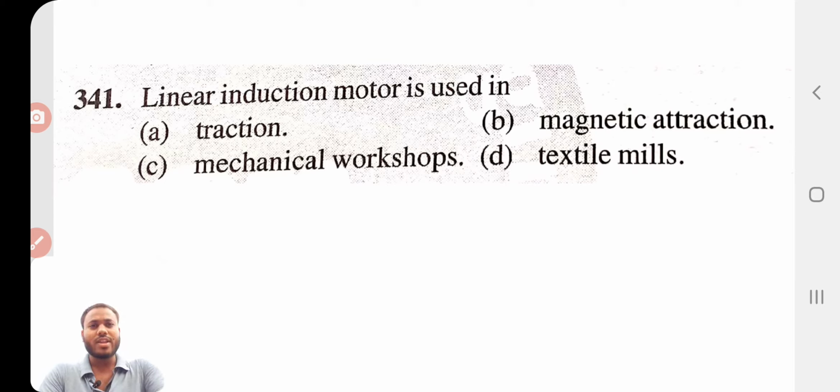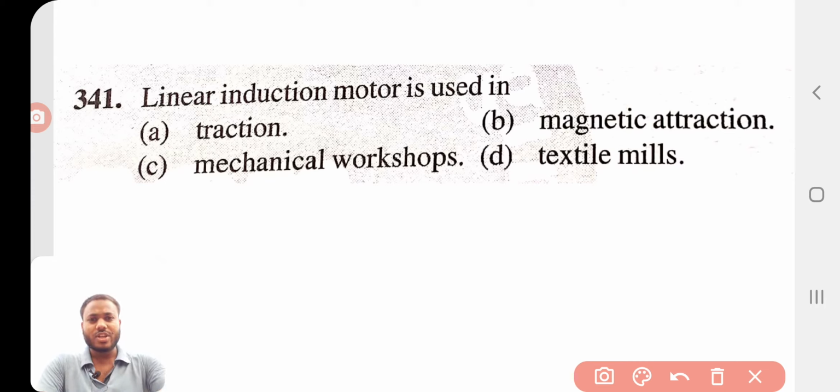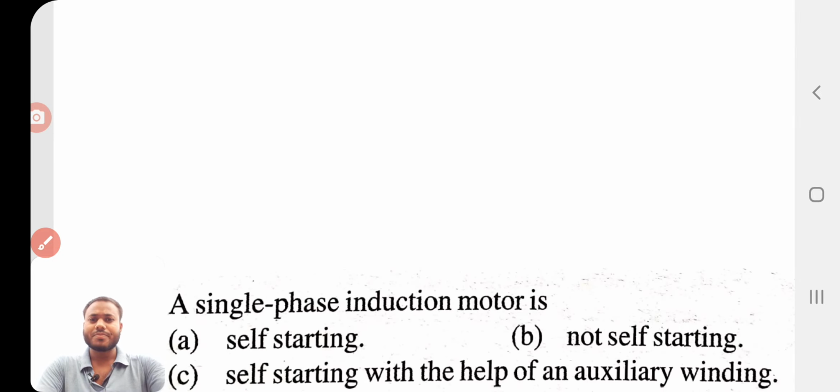Friends, we all have seen in a train or locomotive, which is also called traction, there the linear induction motor is used. So, here the right answer is number A. Proceed to the next question.